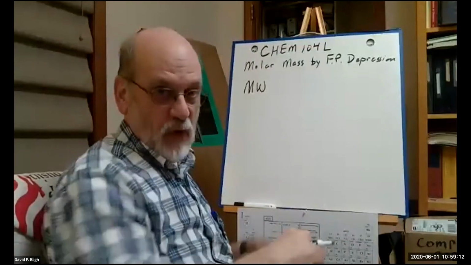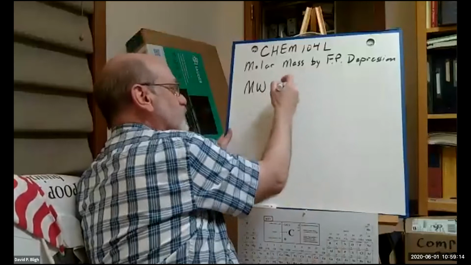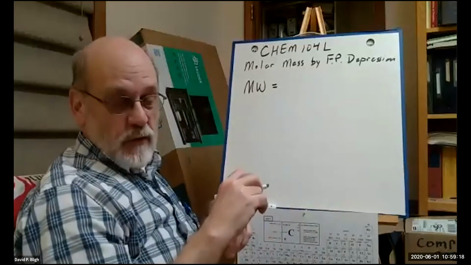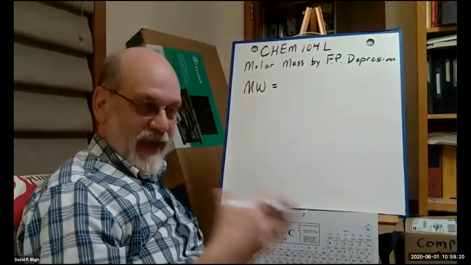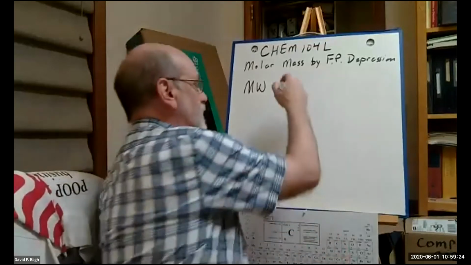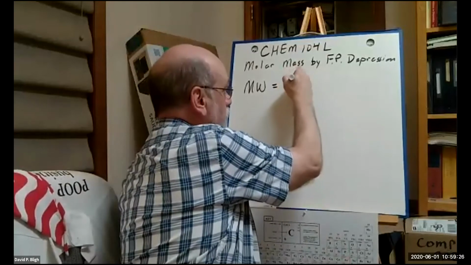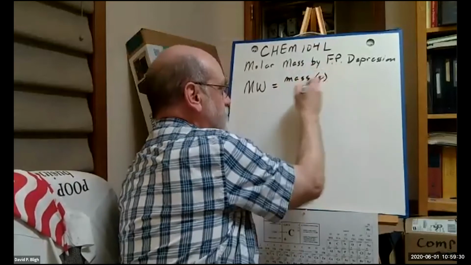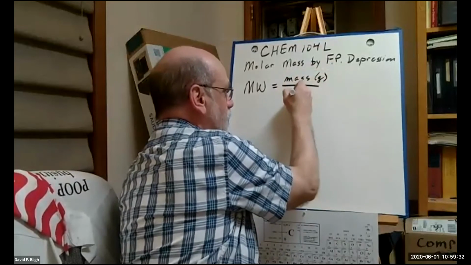That's just because I'm old. And that's the way we used to do it. So molar mass is equal to the mass of a mole of the compound. So that means that up here, you'll have mass in grams. Down here, you'll have moles.